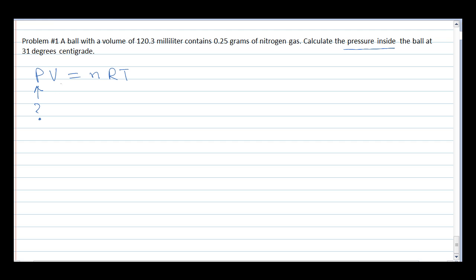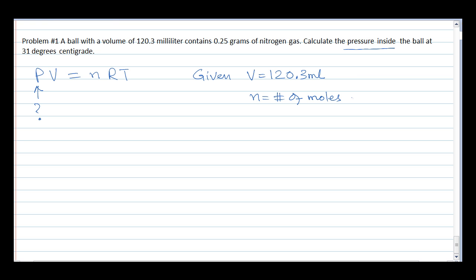V, volume. Well, V, as you can see, is given. V is equal to 120.3 milliliters. Okay, and n is the number of moles of nitrogen gas, because over here it is nitrogen gas.